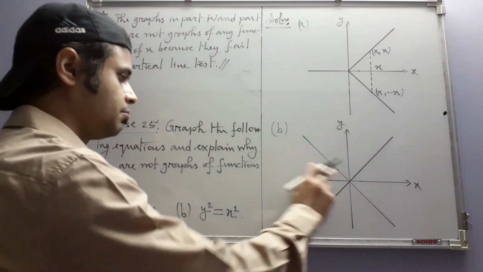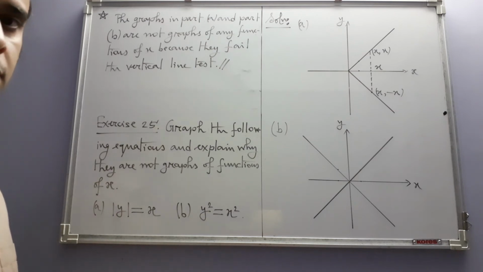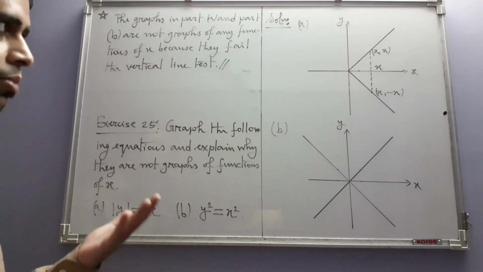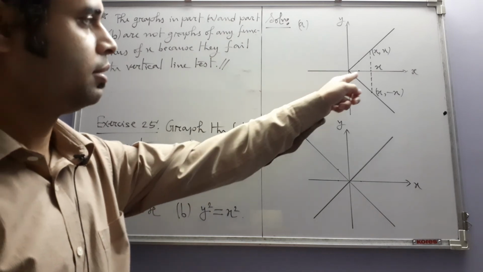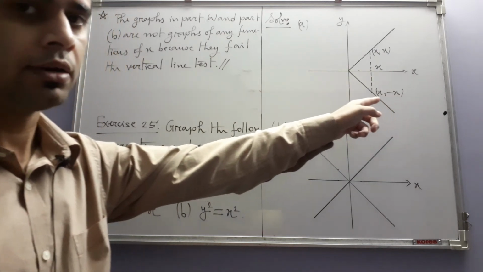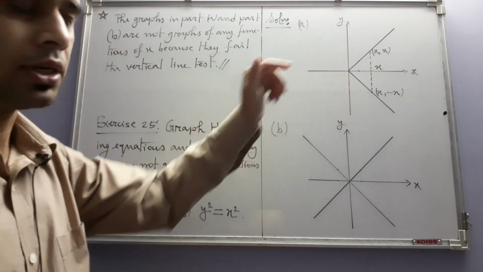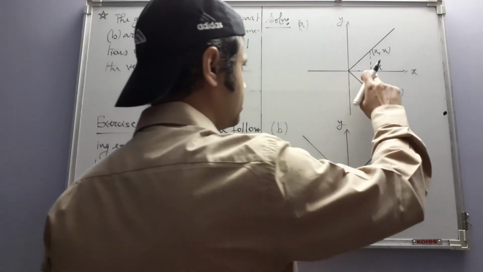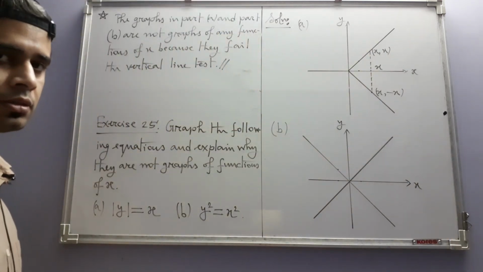Except at the point x equal to 0, any other value of x you take, any other permissible value, you cannot take some value of x here. In this case you have to take a positive value of x if you are ignoring the point x equal to 0. For any such value there are two values of y, so vertical line test fails.